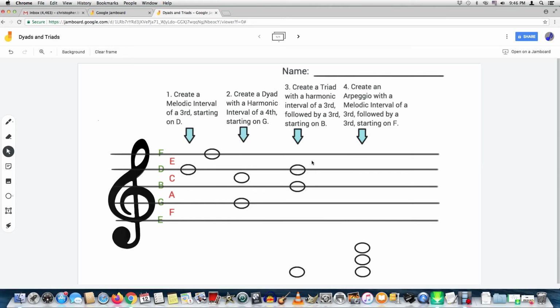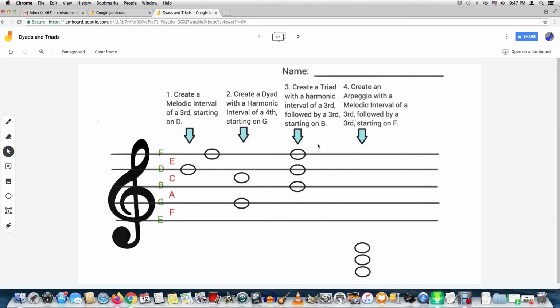We move up to the next step, this space, and we count 2. Then we move up to this top line and we count 3. Since we reached the number 3, that is where we're going to put our final note to create our additional harmonic interval of a third. So now we have a harmonic interval of a third between these 2 notes and a harmonic interval of a third between these 2 notes.